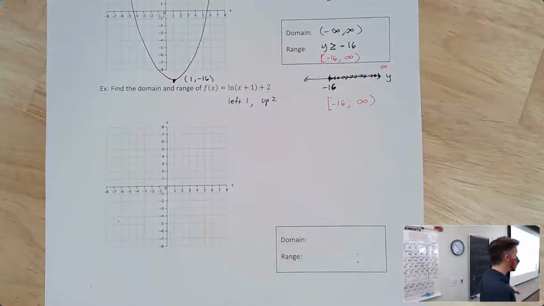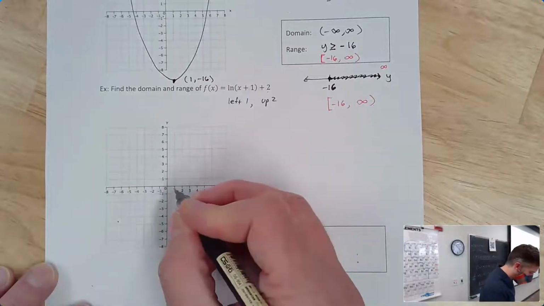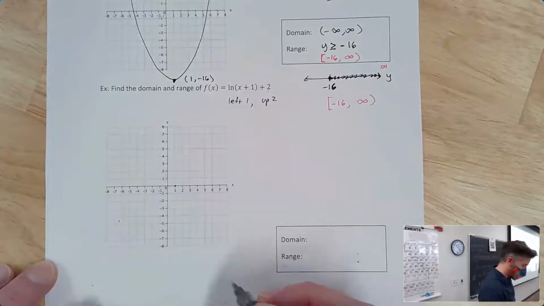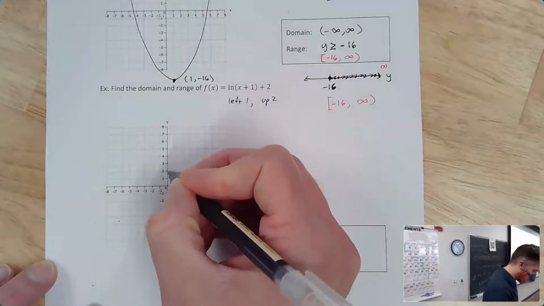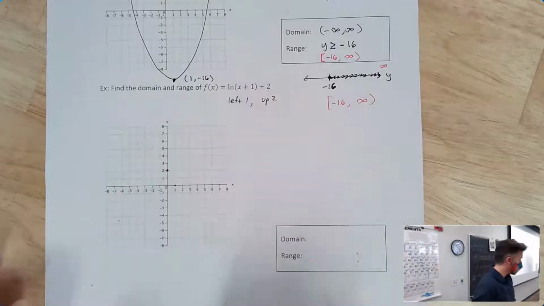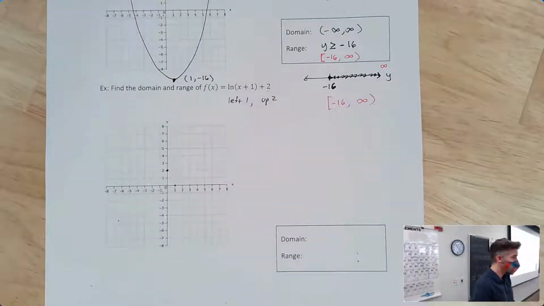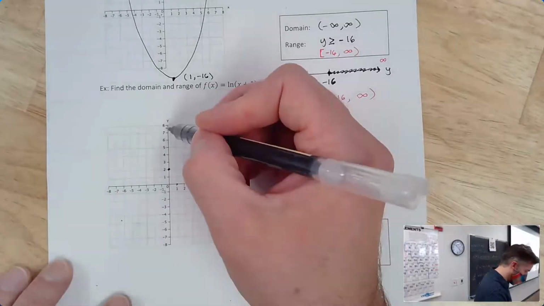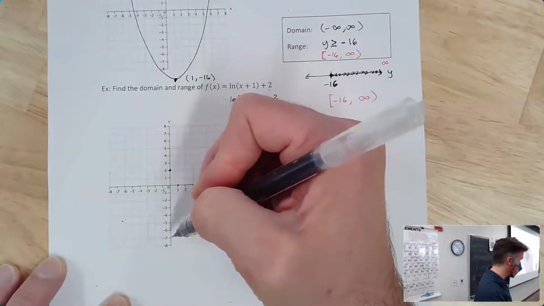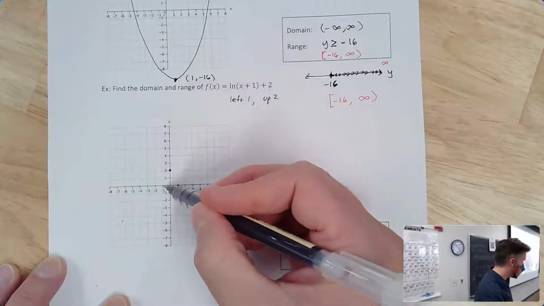The original logarithmic function before it was shifted would have had an intercept at 1, 0. And that's going to shift 1 left and up 2. This will be there. And I also know that my vertical asymptote, which would have been at the y-axis, the line x equals 0, is going to shift 1 left.